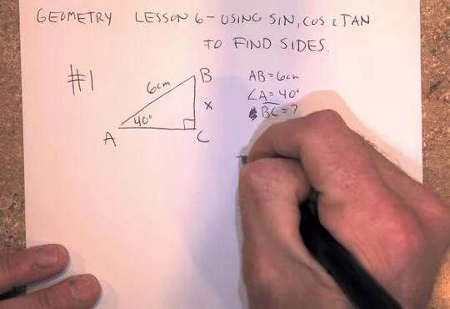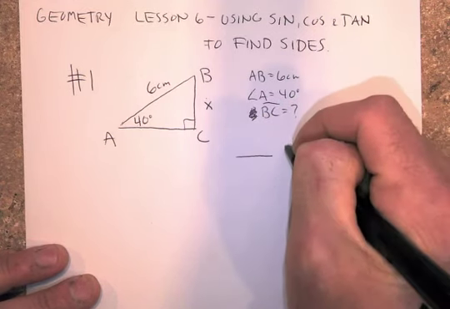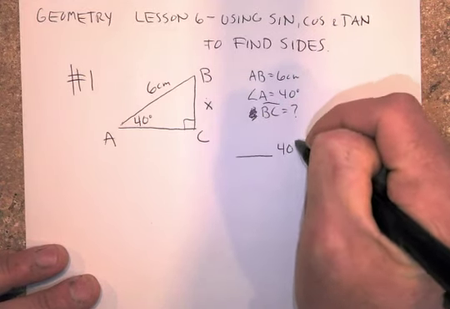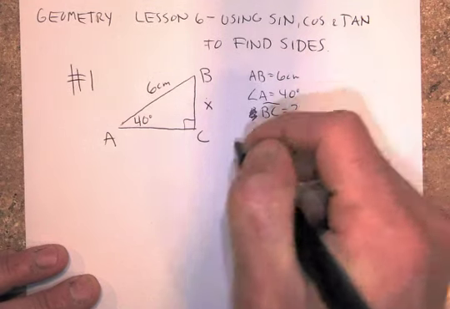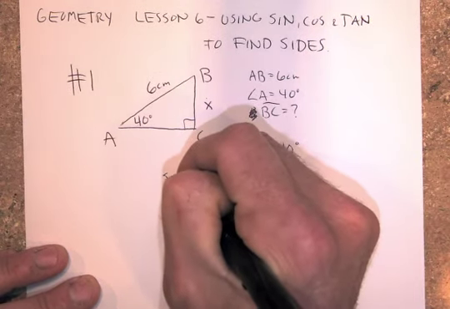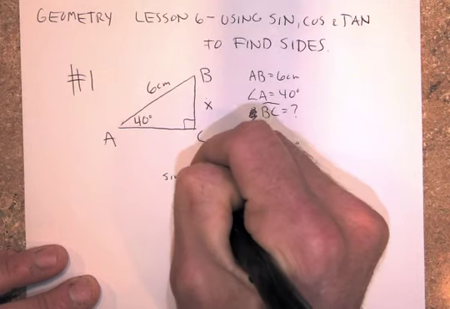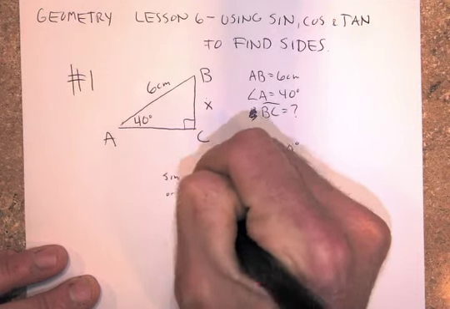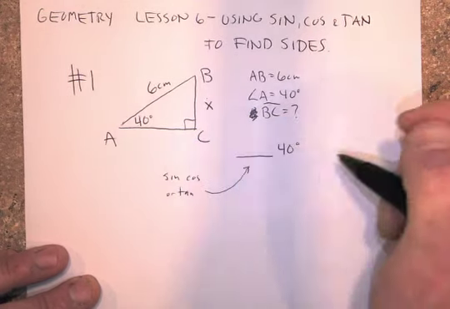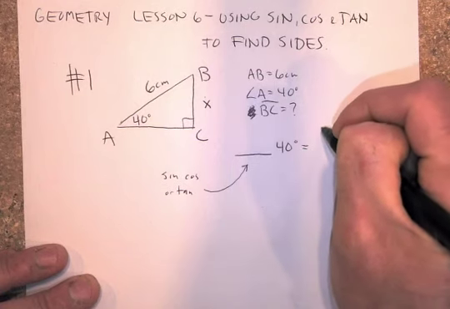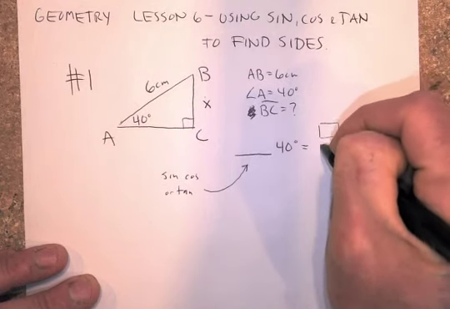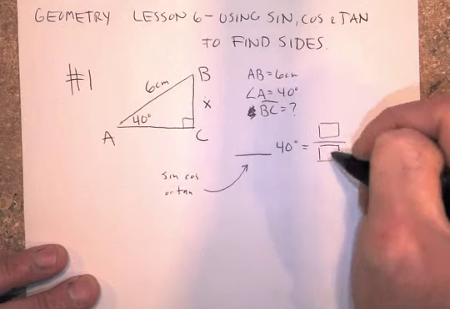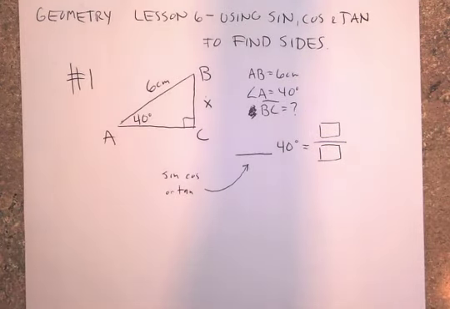We're going to do either the sine, cosine, or tan of the angle, equals something divided by something, the ratio. So how do you decide sine, cosine, or tan?